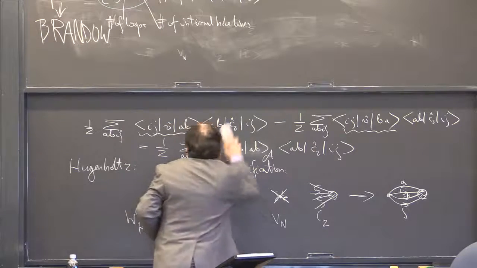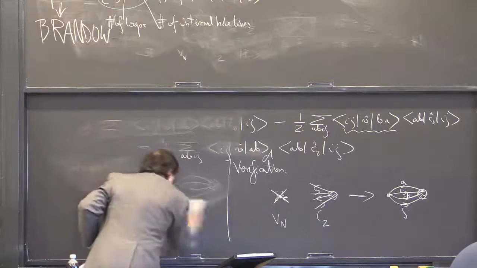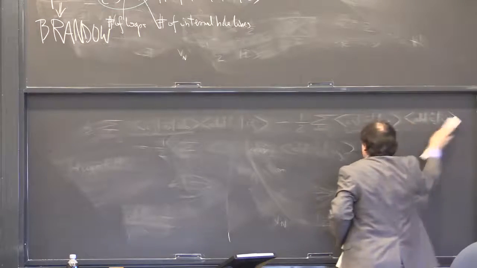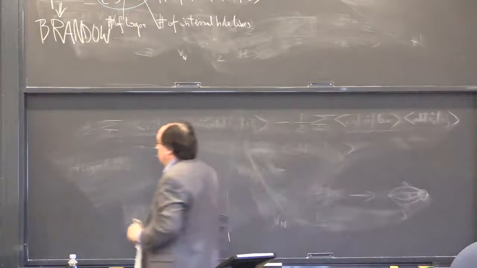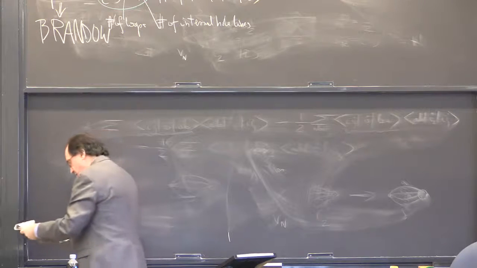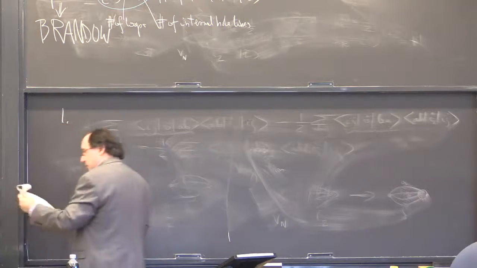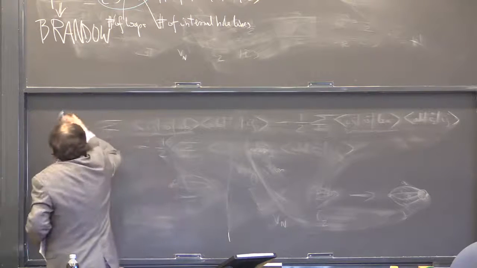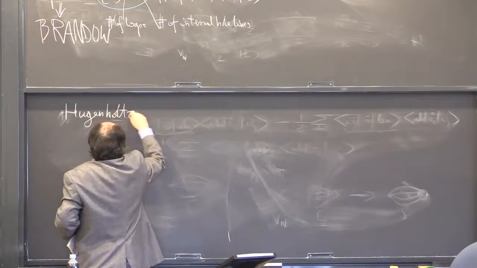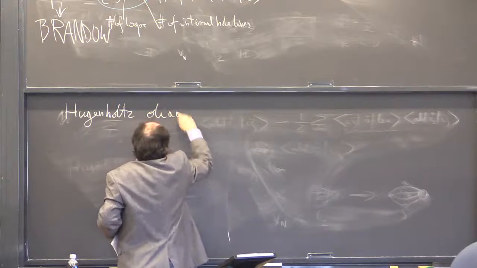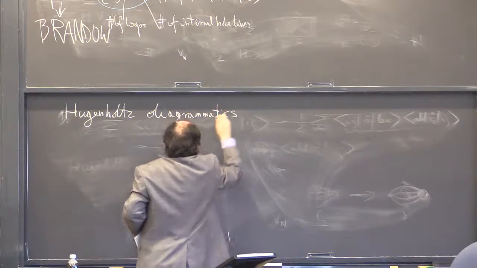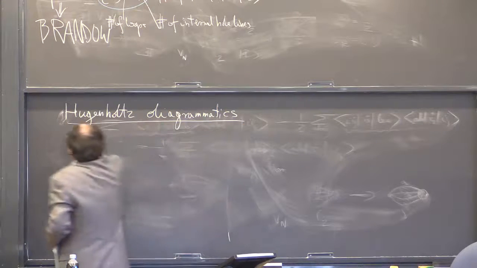Namely, let me clean this a little bit. Namely, a procedure that works as follows. Maybe I'll write it in points so we'll remember it. So for the Hugenholtz diagrammatics, how do we proceed here?